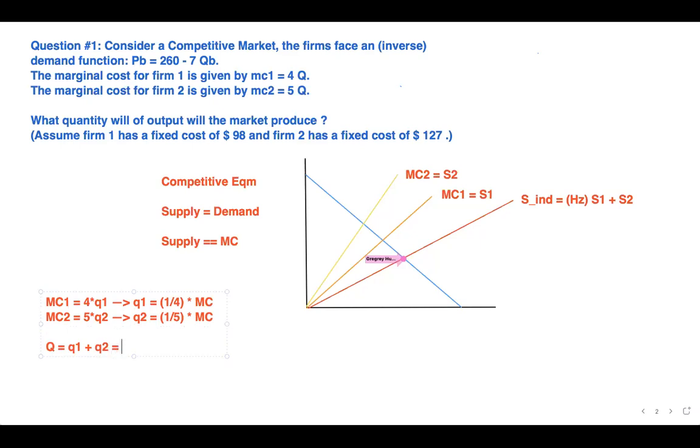So now I can just add these. Do you want to add them for me? Obviously, there's a common denominator issue, right, Miles?